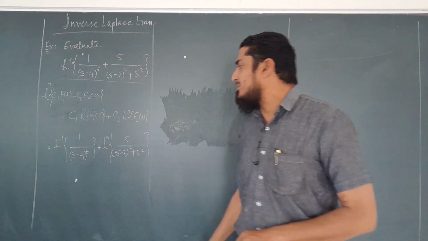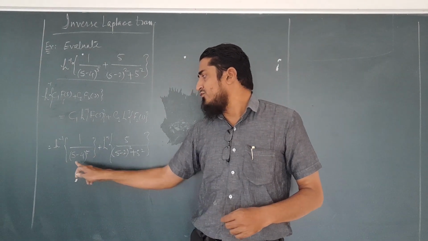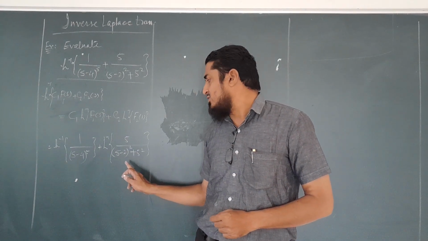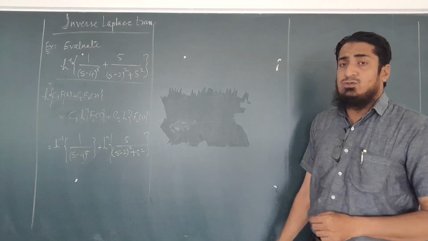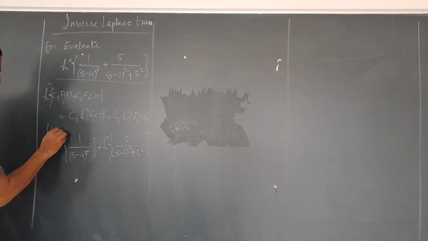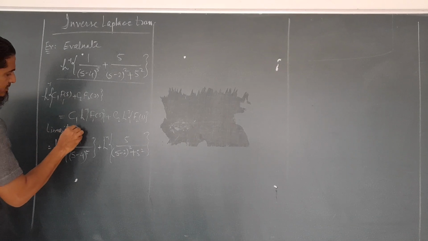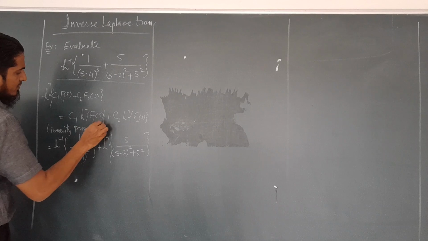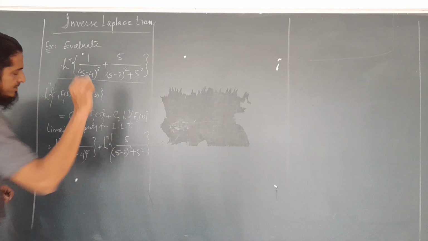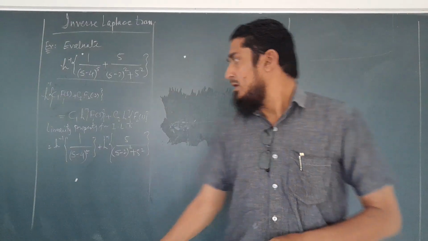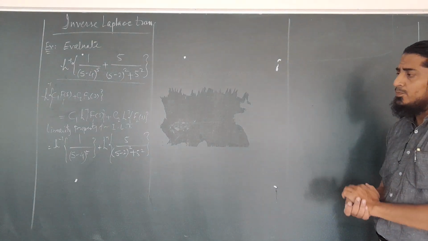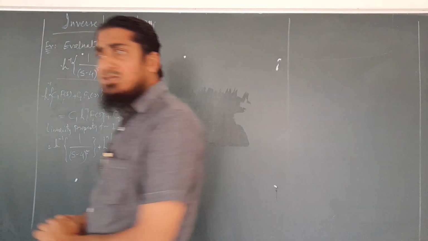We have the inverse Laplace transform of 1 upon (s minus 4) raised to 5 plus 5 upon (s minus 2) square plus 5 square. What is the first shifting theorem?